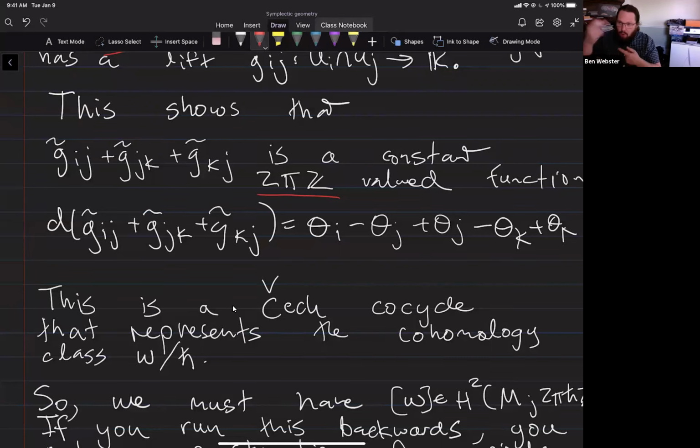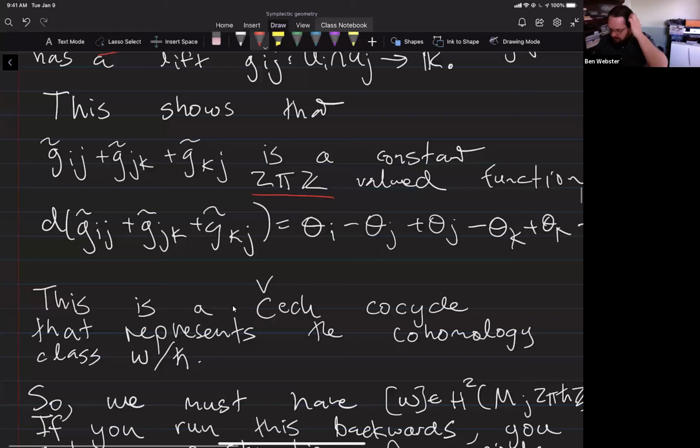But I chose what size circle I wanted to identify S1 with. And because I chose that map so that 2 pi times the integers would be the kernel of my exponential map, I'm getting that this is in 2 pi times the integers.